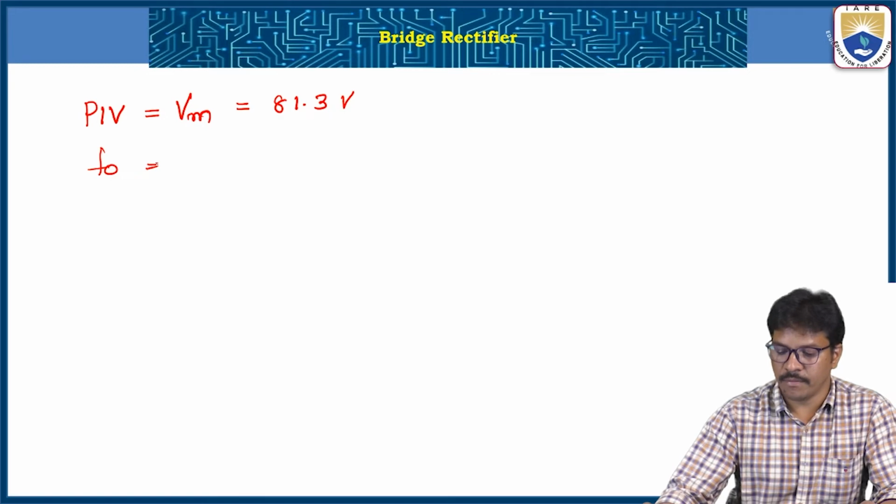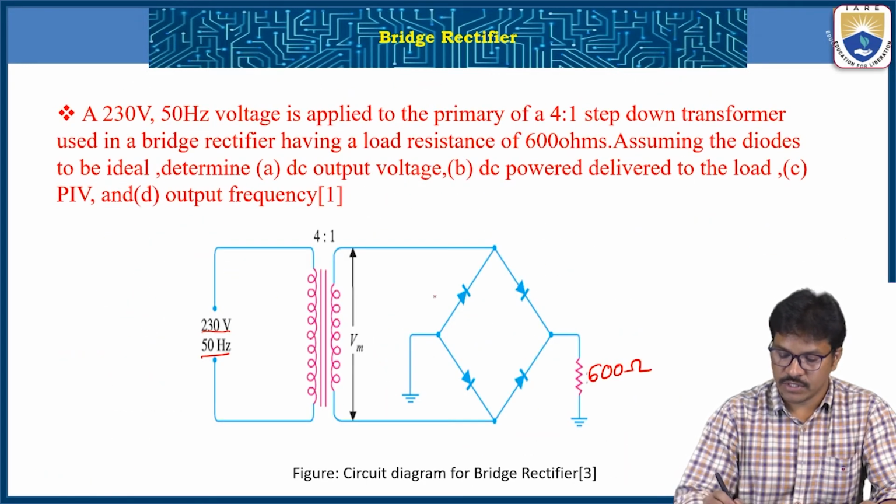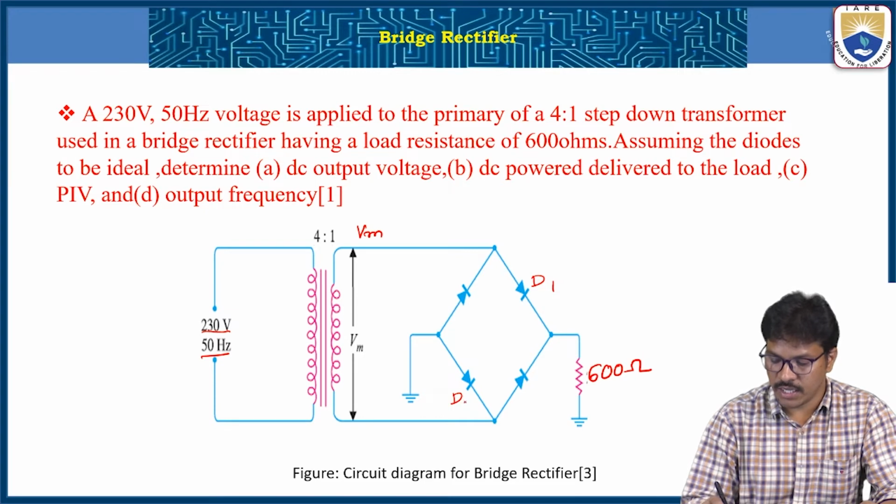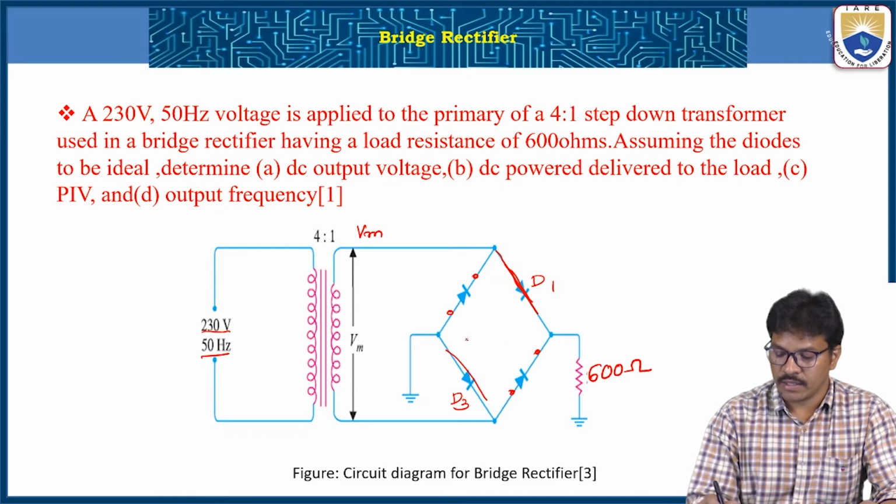Basically, why it is called Vm? If you see this diagram, whenever this Vm voltage is positive, D1, D3 are on. Whenever these two are on, they are short circuit, and the other two are off, meaning open circuit. Whatever the Vm available here, the same Vm with respect to ground, these are in parallel.